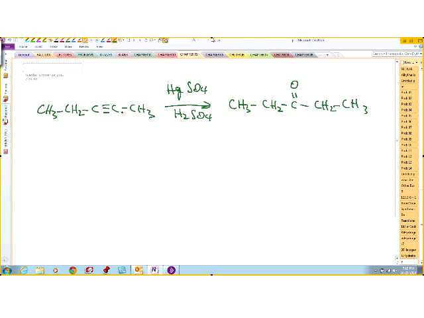Now, supposing the carbonyl comes here. Let us number this, say this is 1, 2, 3, 4, and 5. This product I've given you here, the carbonyl comes to carbon number 3. Supposing the carbonyl comes to carbon number 2, what do you get? You get this.